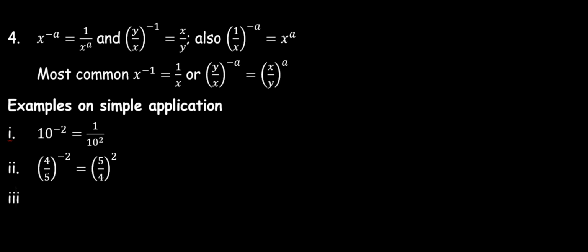Another example, a simple application, bracket open 1 over 100 bracket close raised to power minus 2 is the same as 100 squared. Another law, bracket open X raised to power A close bracket raised to power B is the same as X raised to power AB.